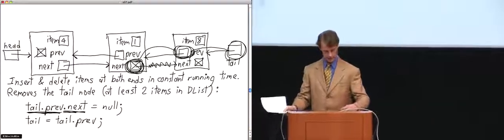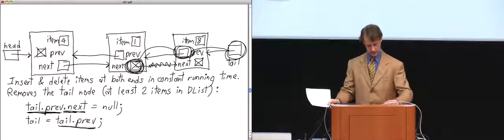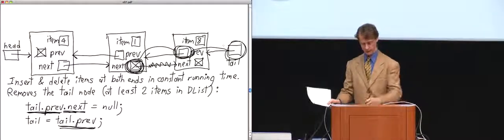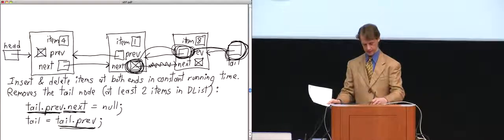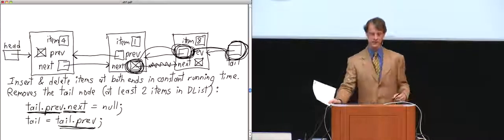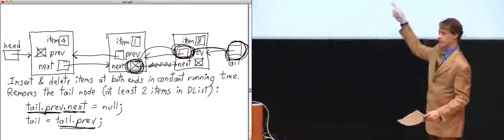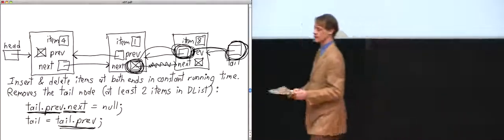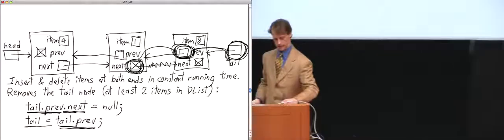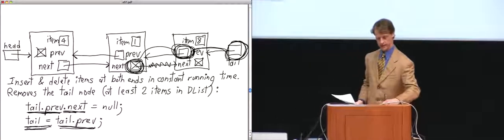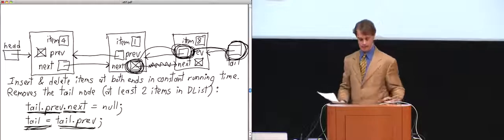And then the next line of code starts off by following tail.prev again. So here's tail. We follow it to prev, and take that reference, which points to the second last node, and copy that reference into the tail of the dlist.